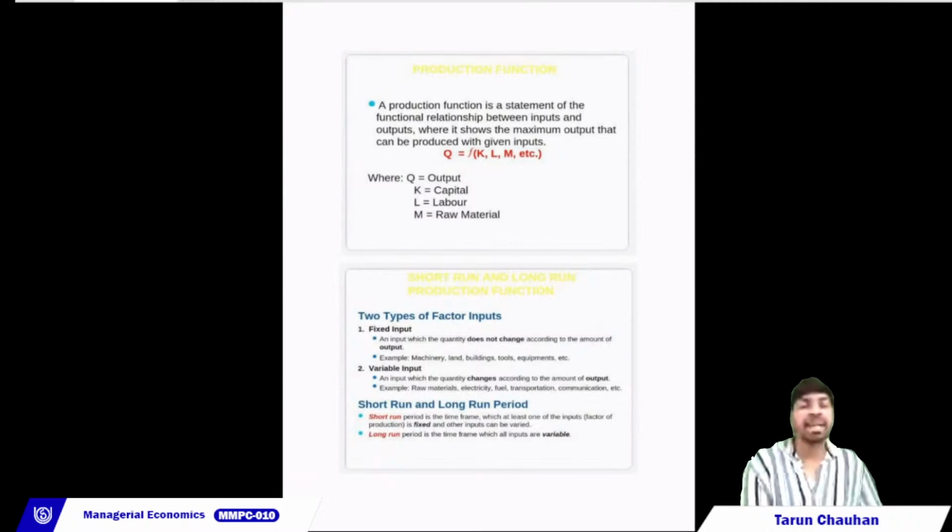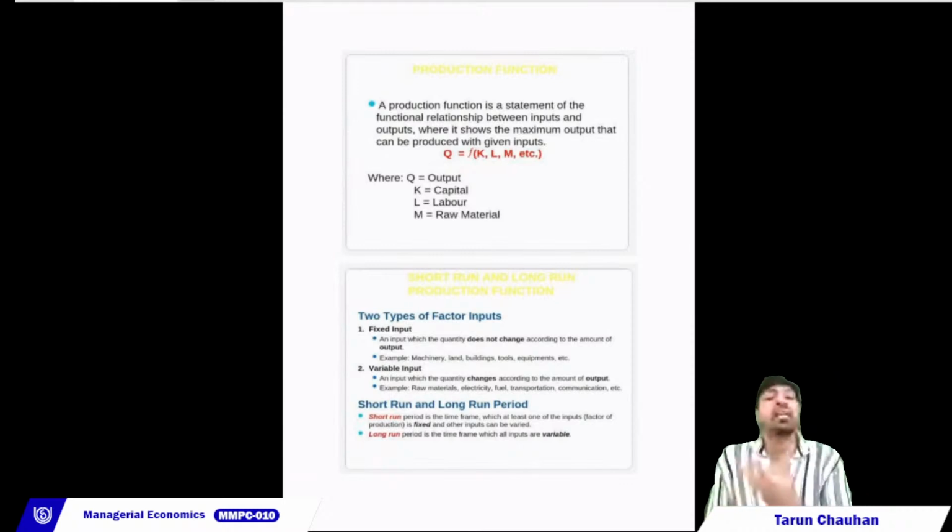So L stands for land, K for capital, L for labor, M for raw material and machinery, and E for enterprise. Technology as well. That's called the production function.